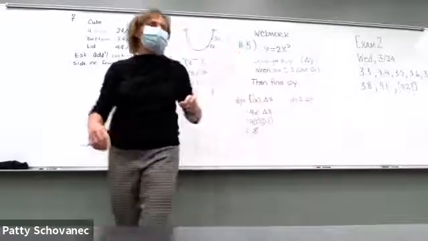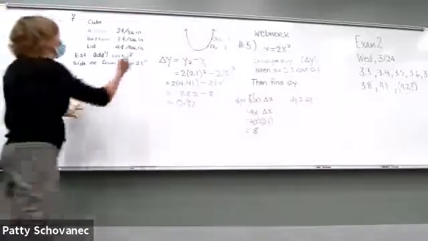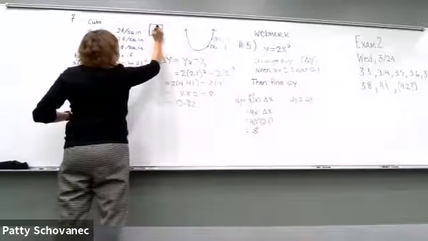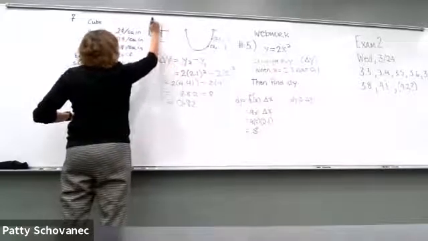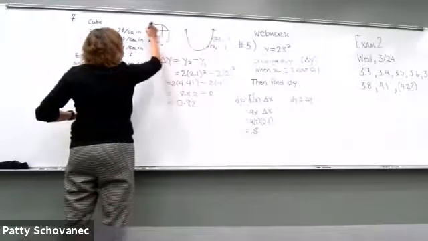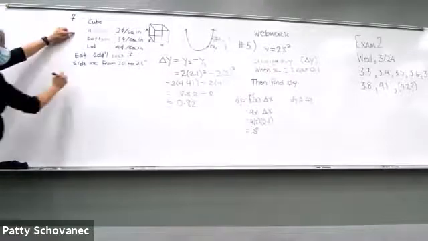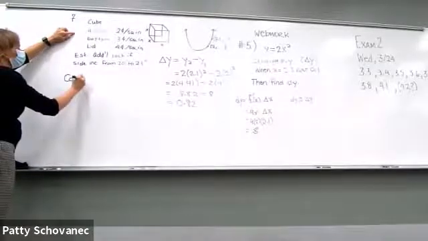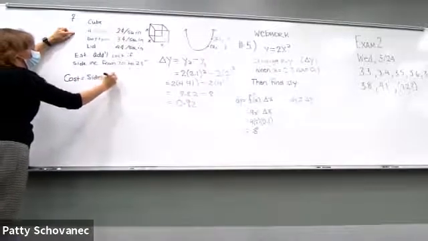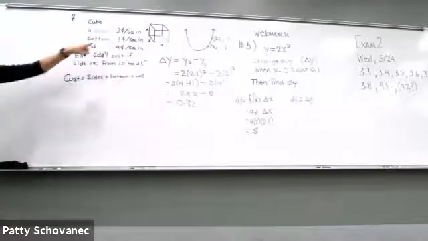So let's figure out the cost. A cube has all the sides the same length. X by X by X, let's say. Okay, and so we're going to write out the cost as the cost of the sides plus the bottom plus the lid, and those are all per square inch.